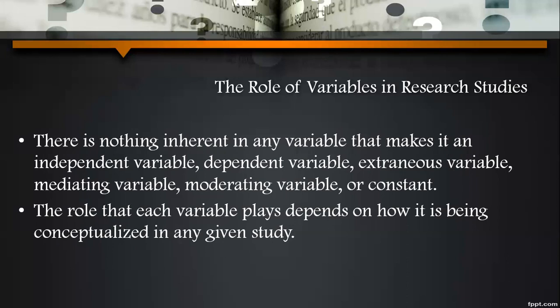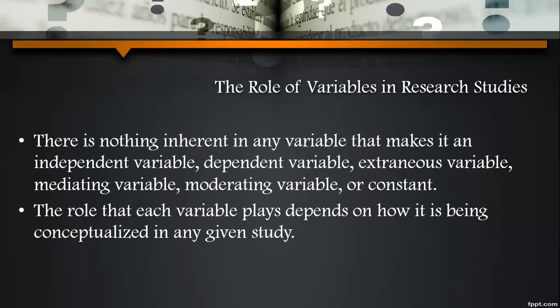Or perhaps certain researchers have only looked at certain variables as moderators, but now we want to look at those same variables as mediators instead. So it's really looking at the literature, looking to see what others have done and where the gaps are, and based on where those gaps are and what contribution you want to make, then you know what role to assign certain variables.